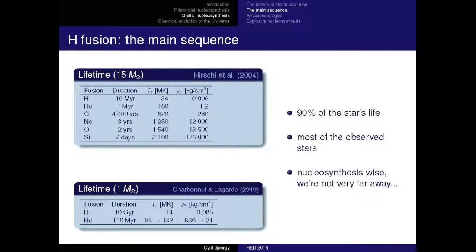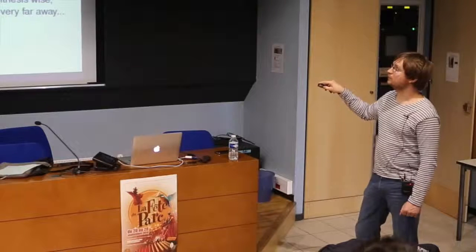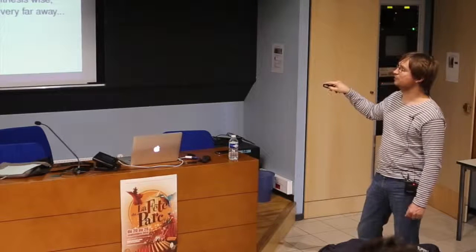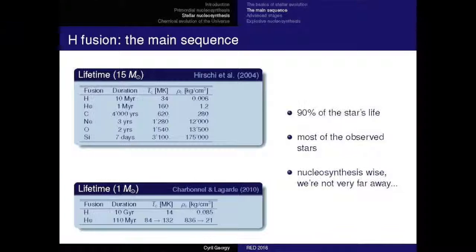So hydrogen burning typically takes place at a temperature of a few tens of million Kelvin at relatively low density. But then when one burning stage is finished, the star contracts, so the density increases and the temperature increases up to where it is able to reach conditions where the next burning is possible. So typically for helium, you have to reach between 100 and 200 million Kelvin.